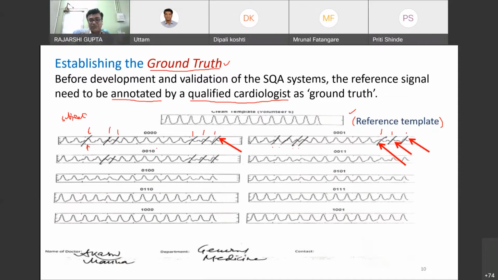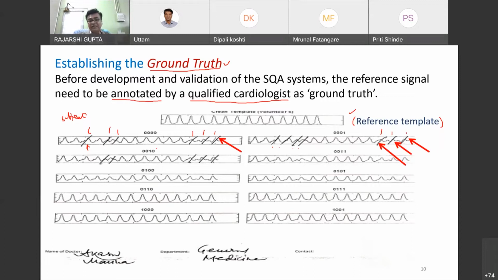discard them. So the best practice is, whenever you go for research on signal quality assessment, take adequate data, and using some statistical sampling, you show these data to the cardiologist or some expert physician and consult two physicians.